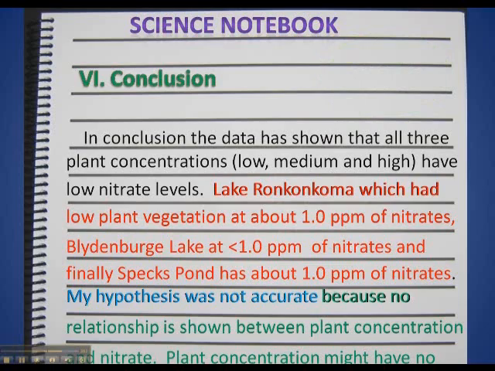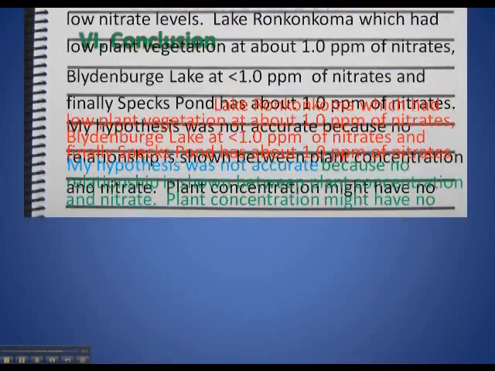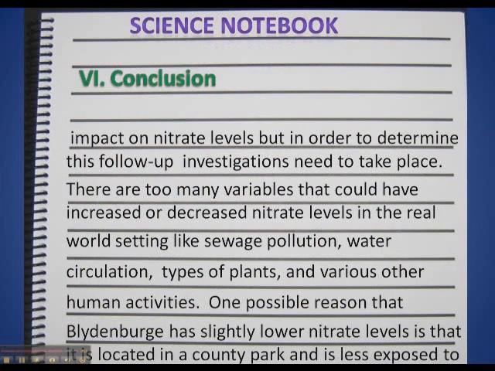Plant concentration might have, wait for it, no impact on nitrate levels, but in order to determine this, follow-up investigations need to take place. There are too many variables that could have increased or decreased nitrate levels in the real-world setting, like sewage pollution, water circulation, types of plants, and various other human activities.